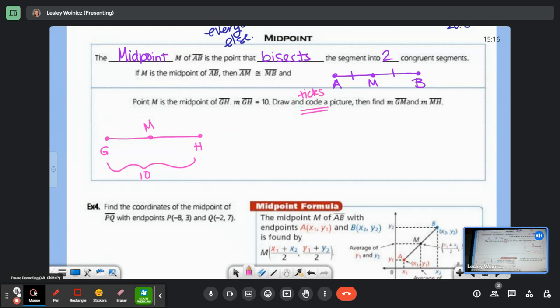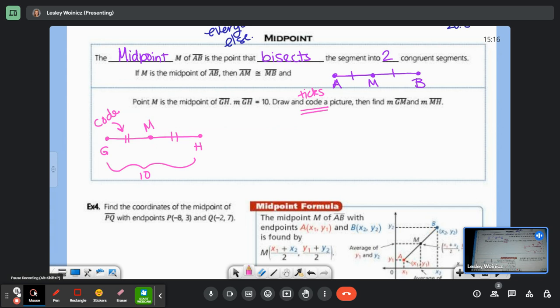And if it tells you that the angles are congruent, we'll talk about how to show that the angles are congruent. Or if they tell you that something is perpendicular, you can draw the little box on the angle. Okay, code is when you annotate with the given information. So this is the coding right here. Boop, boop, boop, boop. Okay, that's code. When you say that those are congruent.